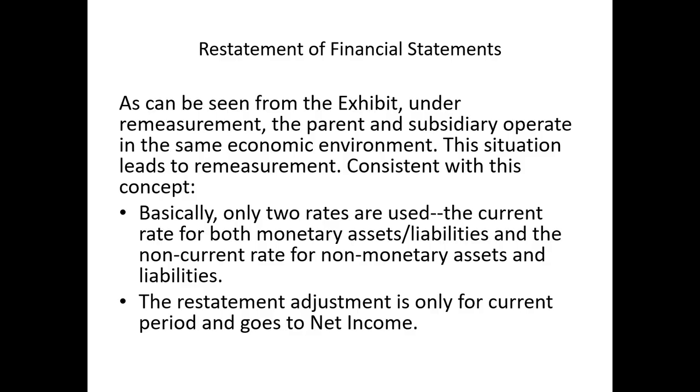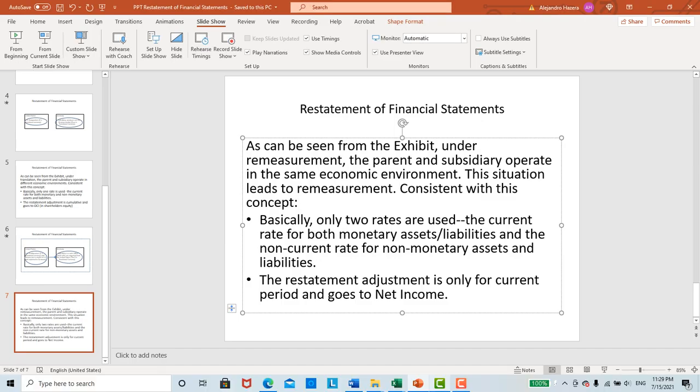translation. Under remeasurement, consistent with this concept, basically only two rates are used: the current rate for monetary assets and liabilities, and the non-current rate for non-monetary assets and liabilities.